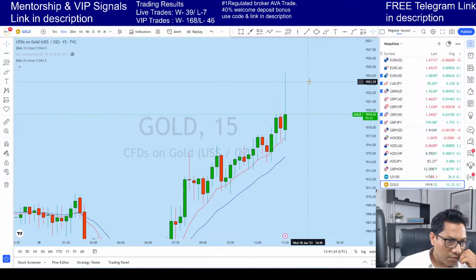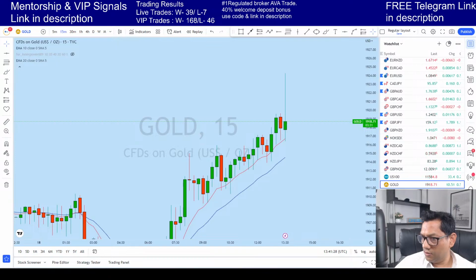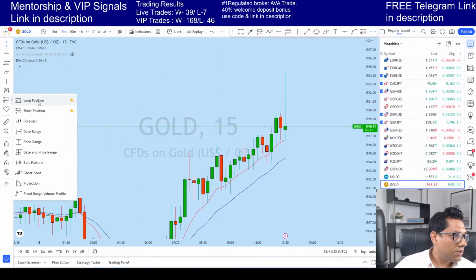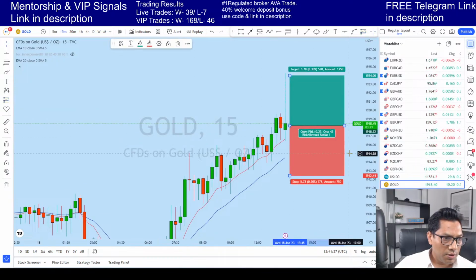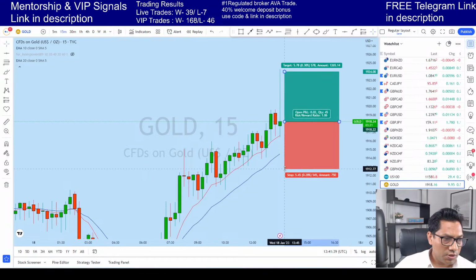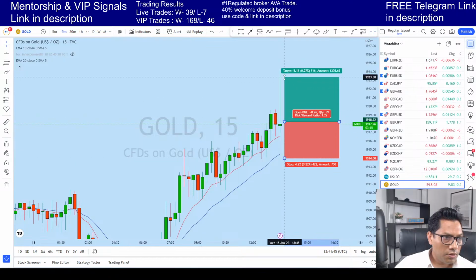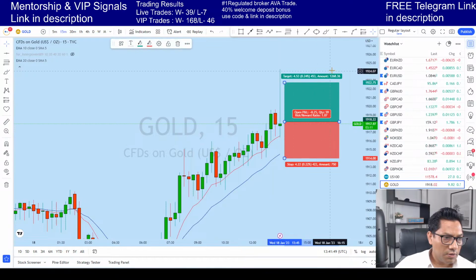So what we can do, guys, is open a very short term scalping trade on gold, with a tight stop loss below this low and take profit 1 to 1.